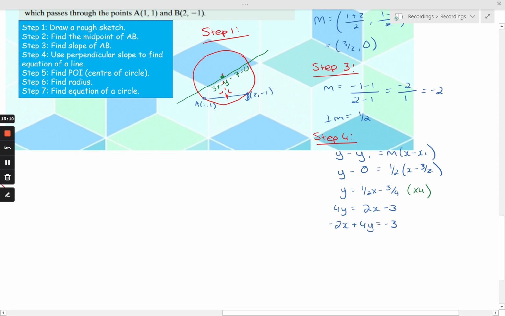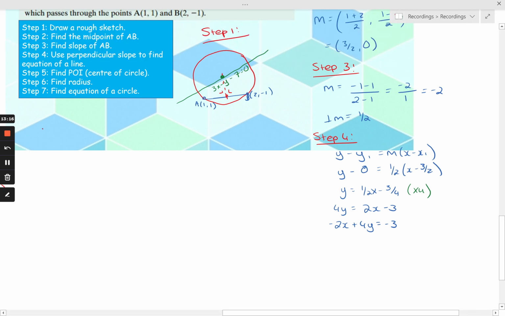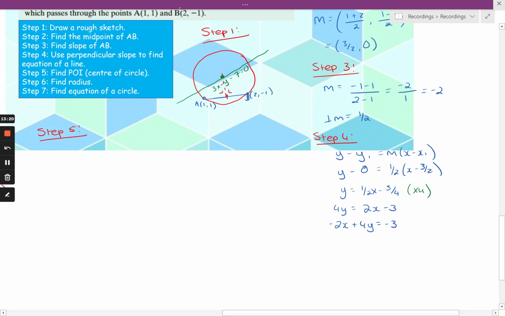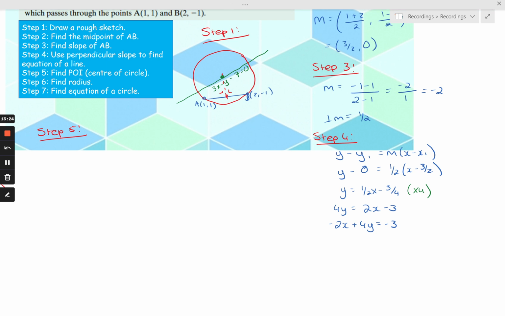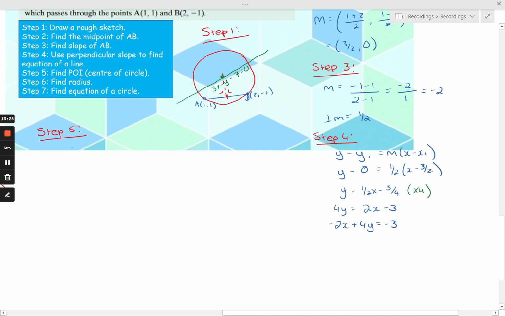So now I can use my perpendicular bisector and my equation of the line in step 4 to find the point of intersection, which is going to be the center of my circle. So again, it's another nice little practice for algebra of my simultaneous equations. So we have minus 2x plus 4y is equal to minus 3.